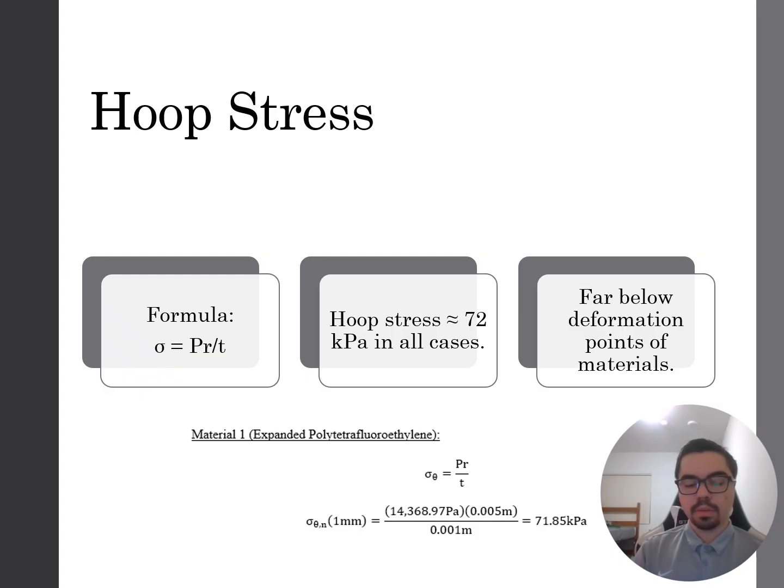It's got the internal pressure, which is very similar for all of them, and then the static variables, the radius and thickness, which will obviously be the same for every single one. They all get around the exact same stress of around 72 kPa, with very slight deviation. And this is far below the deformation points of all materials, which are in the multiple hundreds of megapascals. So there's absolutely no worry there at all.